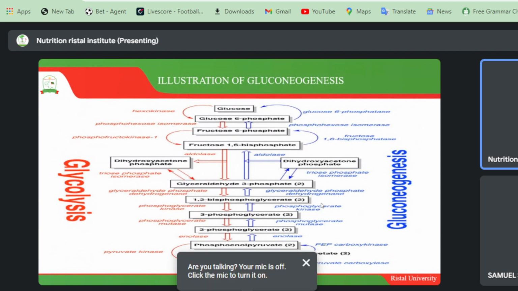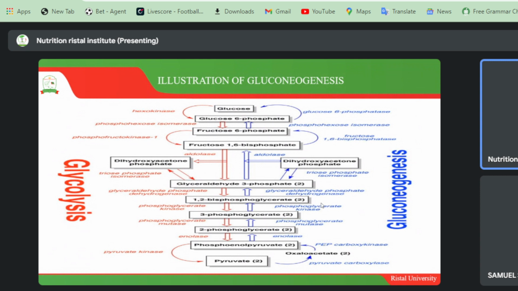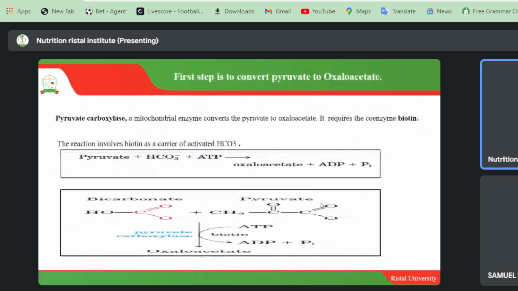And then finally, the same reaction still happens, where our dihydroxyacetone phosphate is converted to our fructose 1,6-bisphosphate. So after formation of that, now that's where the bypass comes in, our second bypass that I was on.